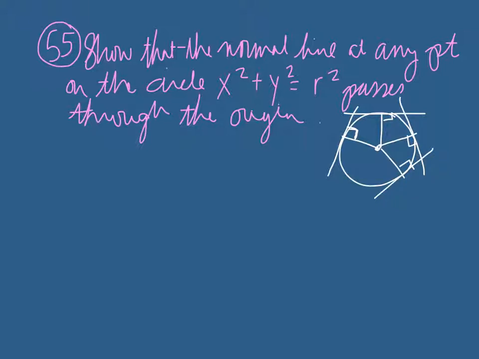So here's what we've got. Okay, so we need to take the derivative because if we're talking about a normal line, we need to figure out what the slope is when you have a normal line. So you're going to take the derivative of this function with respect to x.